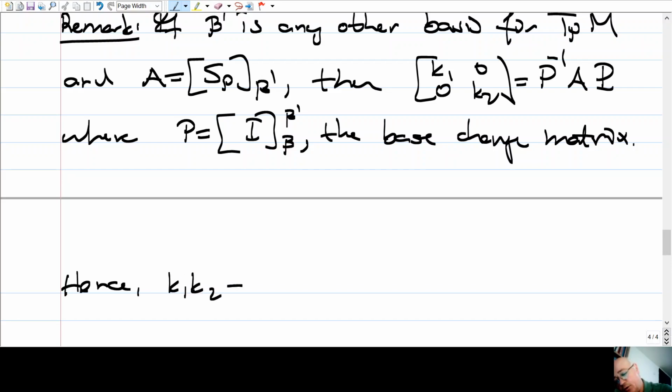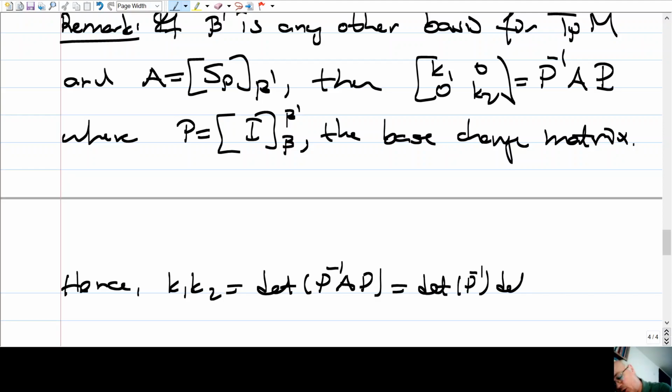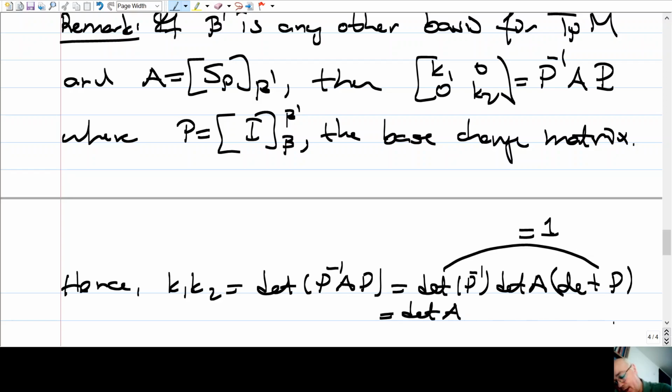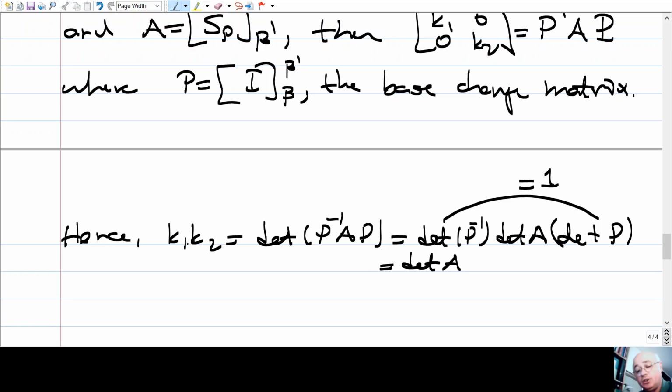K1 times K2 is just this determinant, which is the determinant of P inverse A P. But the determinant of a product can be written like this: the determinant of P inverse, the determinant of A, and the determinant of P. And we know that the first and last give us 1, therefore this is just the determinant of A. And this tells us that the Gaussian curvature can be determined using some other matrix representation A.